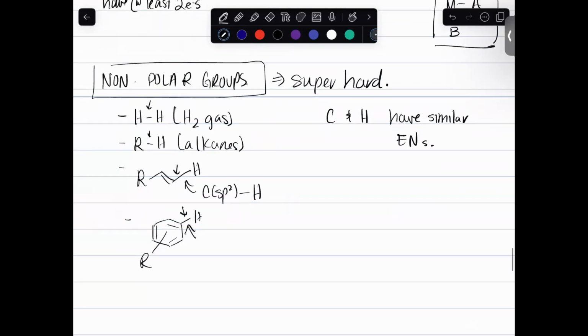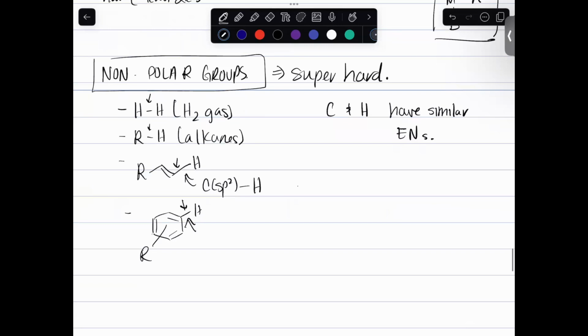And she's tried a variety of transition metals, so she would be really great to look up. Her name is Christina White at the University of Illinois. I want to say it's Urbana-Champaign, but if you look her up, it's not hard to find all her articles. She's done an amazing job with the activation of nonpolar groups.